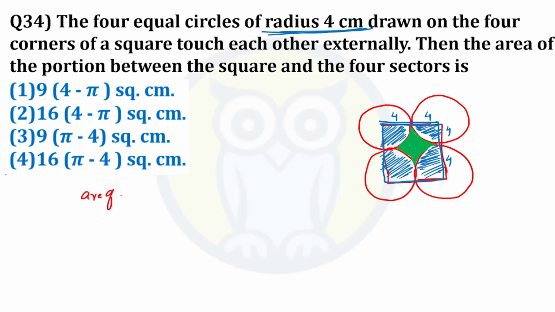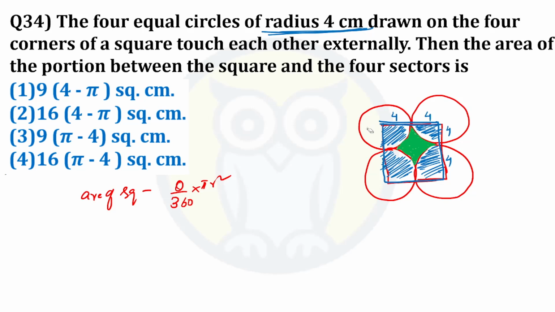Area of square minus the area of the sector of a semicircle. This hemisector is a quadrant of a circle, so the formula is theta by 360 into pi r square.